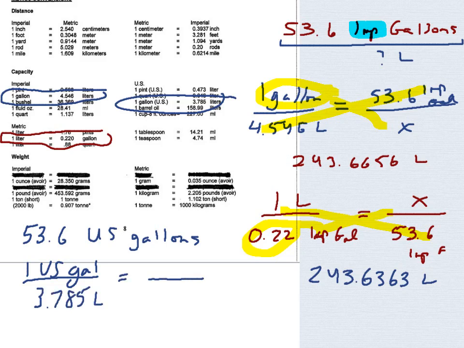So how many liters would be the match to 53.6 U.S. gallons? Cross multiply and divide.